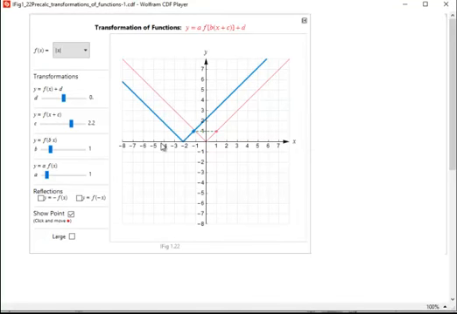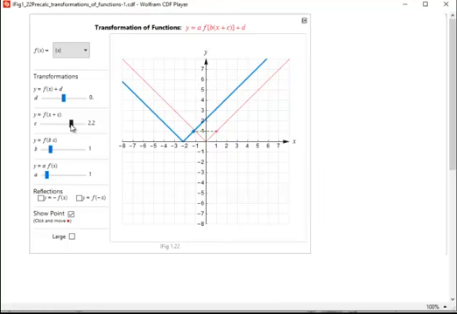And that's what happens when you have a shift. Your shift on your x-axis goes in the opposite direction of the sign, because the shift is actually f of x is x minus c. Up here it says x plus c, but it's actually supposed to be x minus c. So you're shifting in the opposite direction of the number.